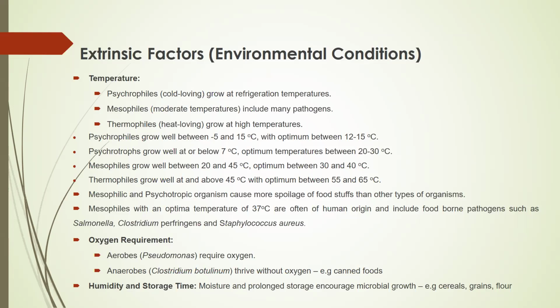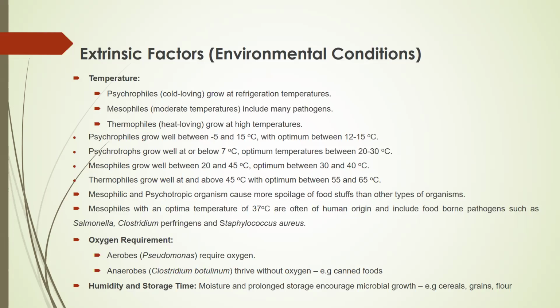For example, psychrophiles. Even though you store your food in the refrigerator, you wonder why after 5 or 6 days the food is still getting spoiled. It is because you have organisms that are called psychrophiles. They are cold-loving organisms and they can grow at refrigeration temperatures.